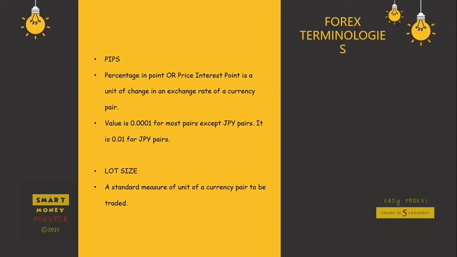Pip is like the way you have meter being the unit for distance, gram or kilogram being the unit for weight. Pip is the standard unit for price in forex. I said that the value of a pip is 0.0001 for most pairs except JPY, yen pairs, where it is 0.01.